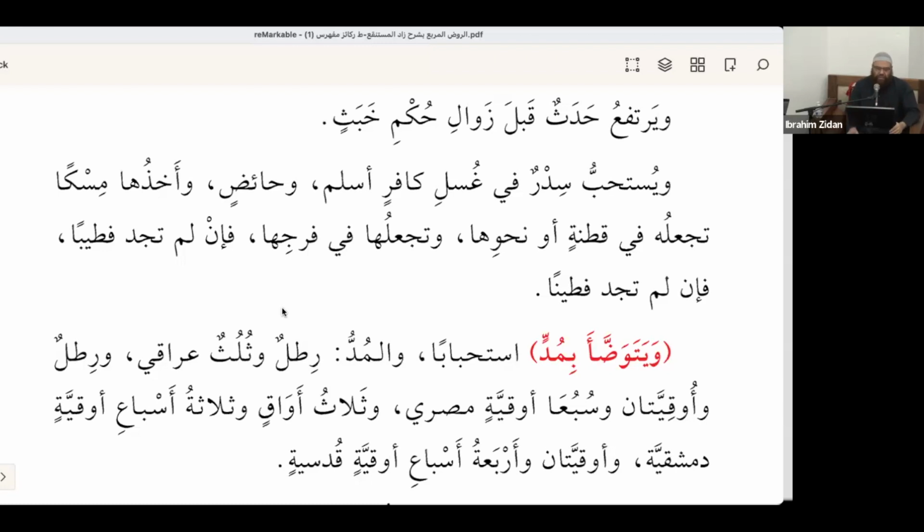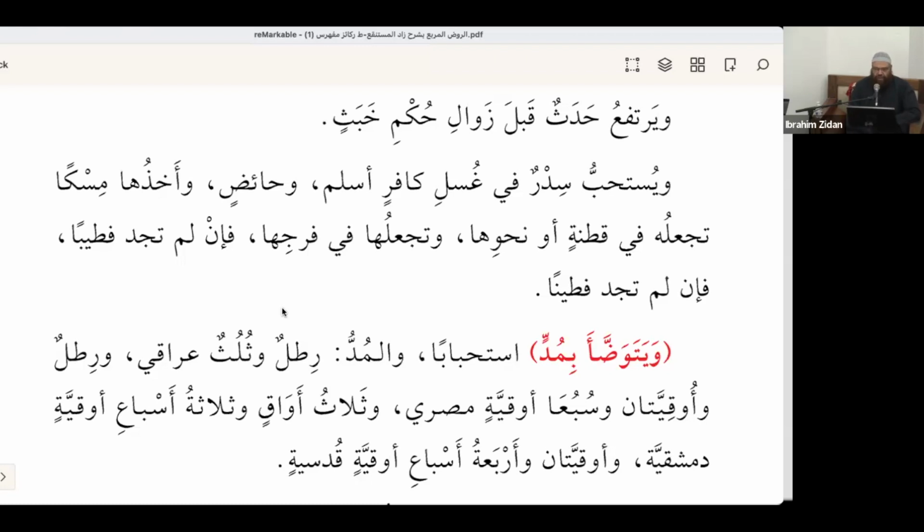What does that mean? If someone has physical impurity on his body, and he did not remove it first, he just made wudu, and while he's making wudu, he removed the impurity, his wudu is valid, no problem. If he made the wudu and did not remove the khabath till after the wudu is finished, is the wudu valid? Yes.